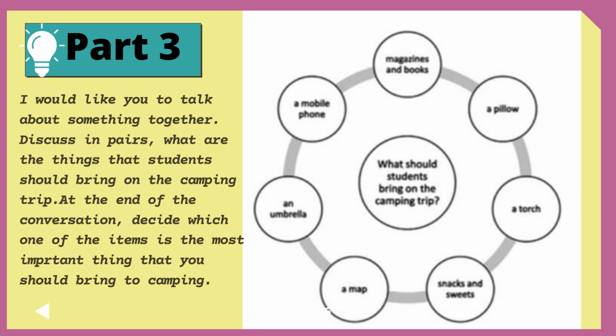So you start with, hi Alisa, hello Siti. Do you know that we are going to go camping this weekend? Yes, I know about that, Siti. What are the things that we should bring to the camping trip, Siti?